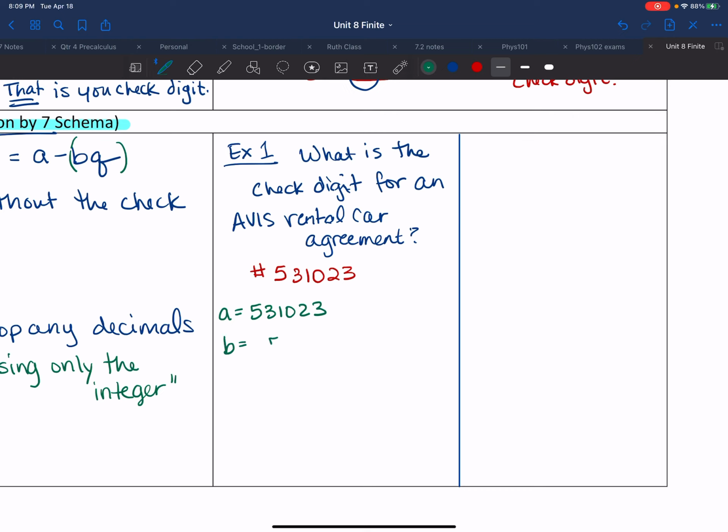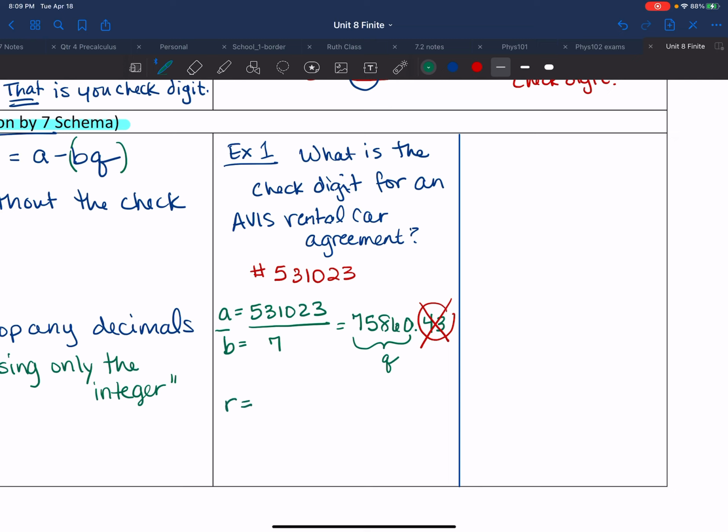B is going to equal 7. Now remember, in my formula, I've got to take A and divide it by B. So 531023 divided by 7 is going to give me the number 75860.43. So here's what I'm going to do. I'm going to ignore all of this. I don't need that information because my Q is this aspect right here. So now I'm going to stick it into my formula.